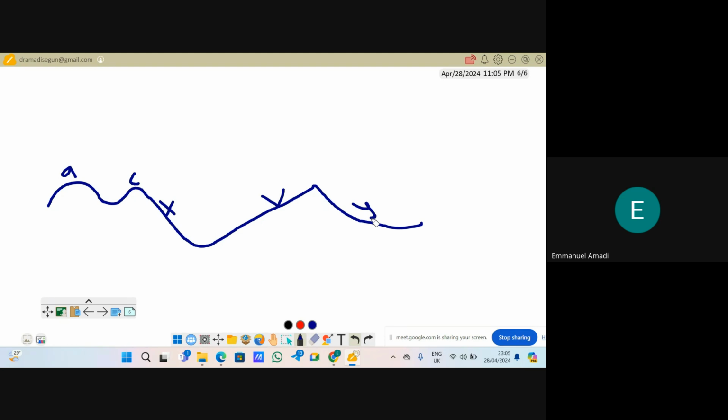Now, see what I want you to understand. Remember, we said early that the atrium has two ways of emptying. The atrium can empty by passive filling, or it can also empty by atrial contraction. Now, this A wave is caused by atrial contraction because you can see that the pressure in the atrium went up.